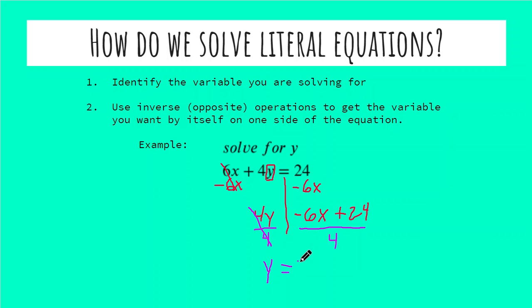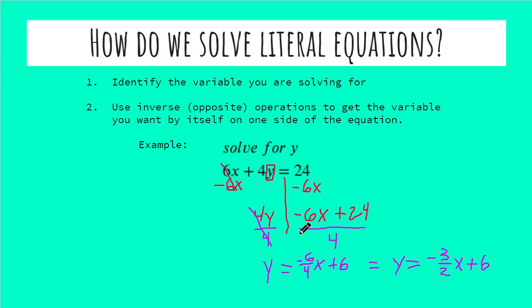Negative 6 divided by 4 would just be negative 6 over 4, and then the x would stay with it. 24 divided by 4 is 6, so I can put plus 6. So I'm almost done, but I can simplify this fraction. I see they're both even, so I can divide that by 2. So that will give me y equals negative 3 over 2 x plus 6.